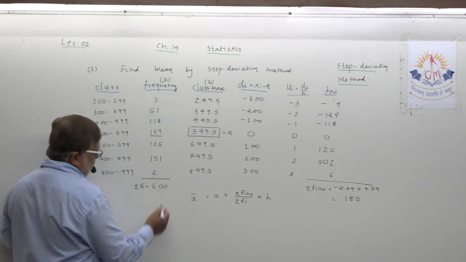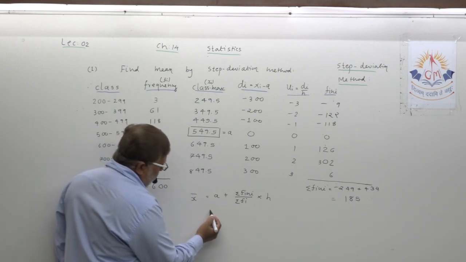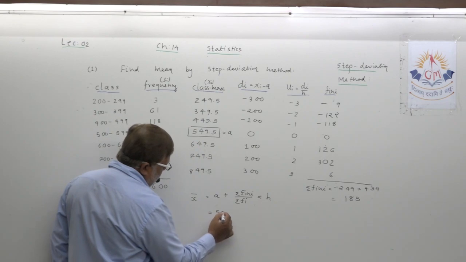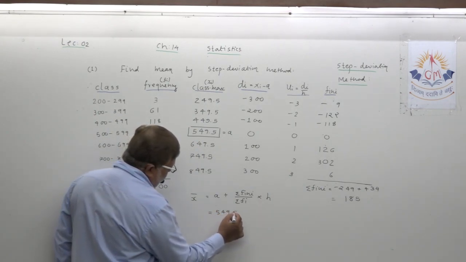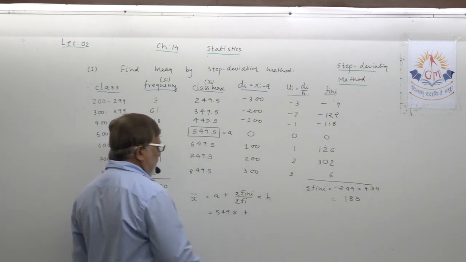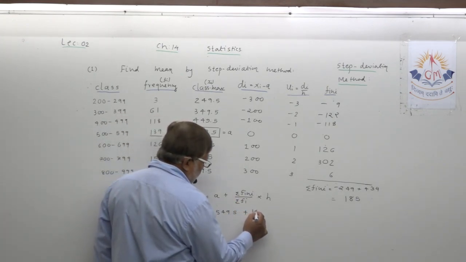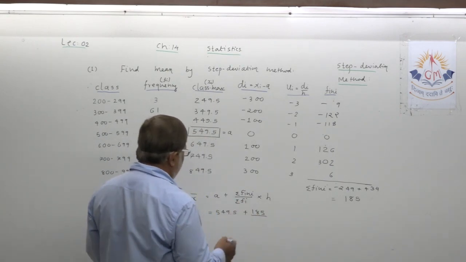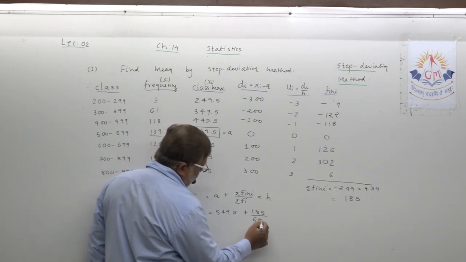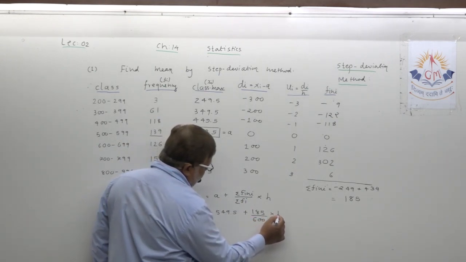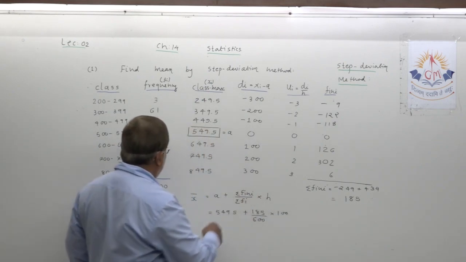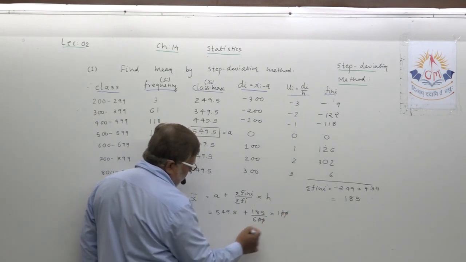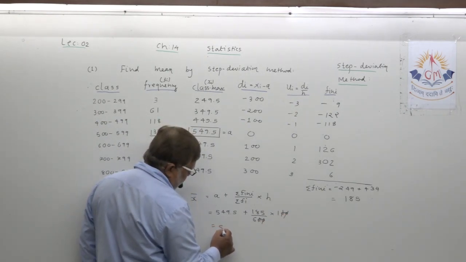Right. Now, dear student, let us substitute the values. A is 549.5. Sigma Fi Ui is 185. Sigma Fi is 600, into H, the class height which is 100, so this cancels and you have to divide by 6.